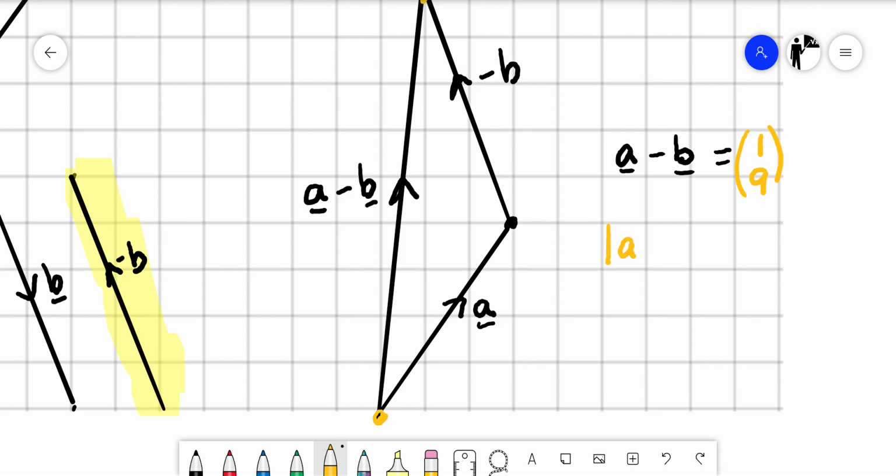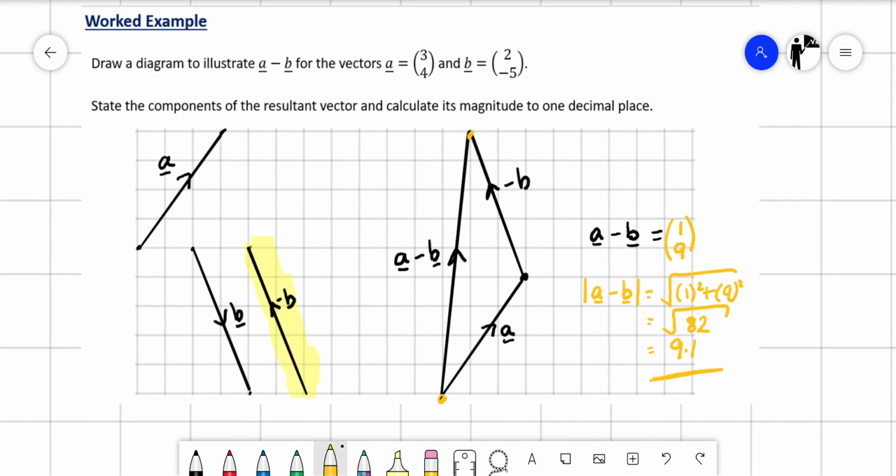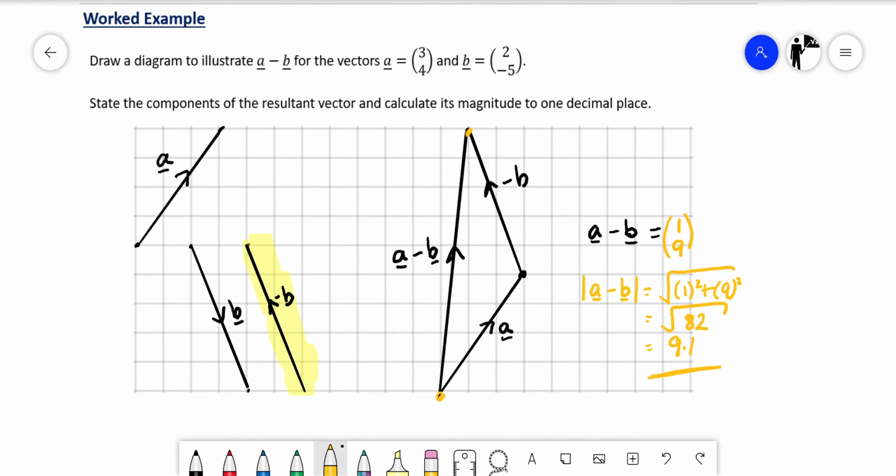We then wanted to calculate the magnitude of A minus B. So that's going to be the square root of 1 squared plus 9 squared. That's going to be the square root of 82. And if we have a look at the square root of 82, you can either leave that as a surd or put it in your calculator. That was going to be 9.1 units.